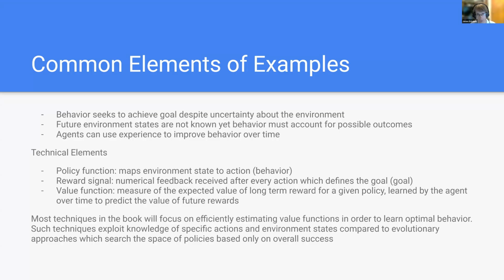Now, the value function is something which doesn't come directly from the environment, and that would be an estimation of how much future reward can we expect from a given state, and also with a given policy. So the goal of the agent and a lot of the techniques in the book will be to have a certain policy that they're following, and at the same time be estimating the value of all of the states or situations that they find themselves in the environment.